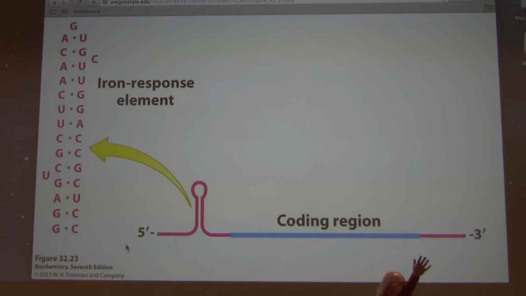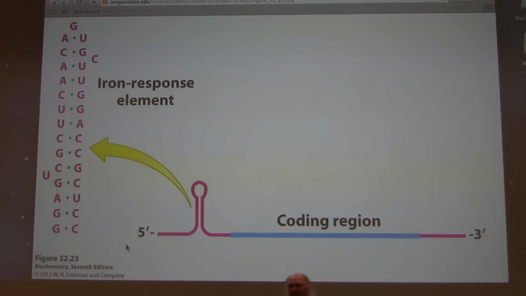It means that when iron is absent, the IRE-BP will bind to the IRE. Translation of ferritin will not occur, and that makes sense, because this is a situation of low iron. Low iron means IRE-BP binds, means translation does not occur, means ferritin is not made, and the cell is not wasting energy. That makes sense?